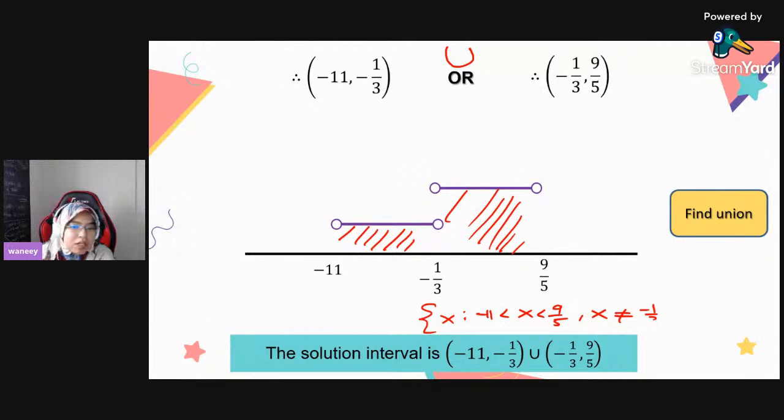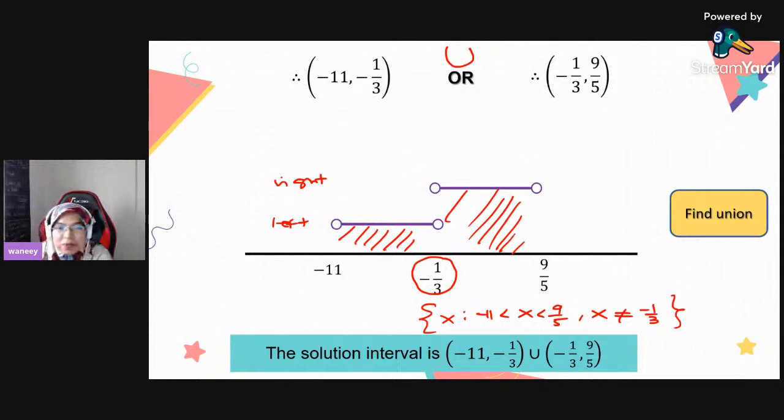Oh, mungkin ada yang tanya, kenapa kita tak ambil negative 1 over 3? Union tu maksudnya salah satu mesti kena terima nombor tu. So kalau ikut, yang ini yang sebelah left, yang ini yang sebelah right. Left kata dia reject negative 1 over 3 sebab dia pakai empty circle. The same thing with the right hand side. It rejects the answer of negative 1 over 3 as well.